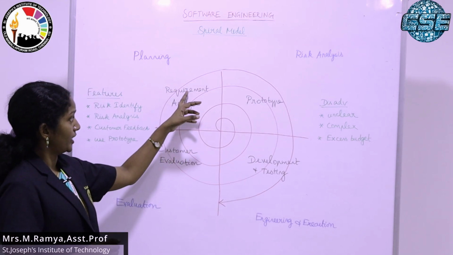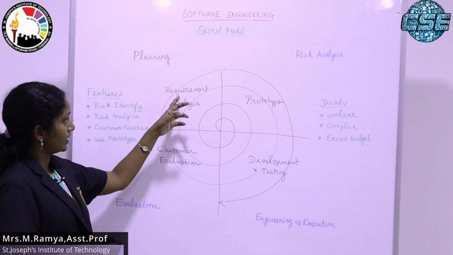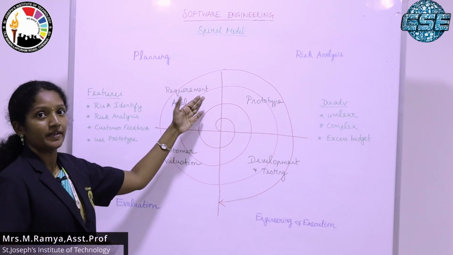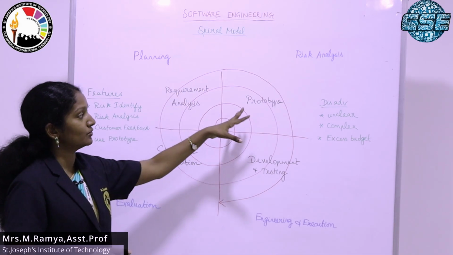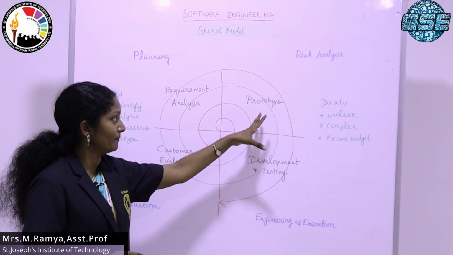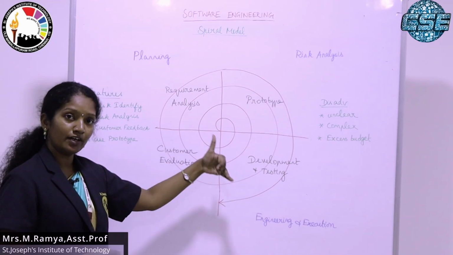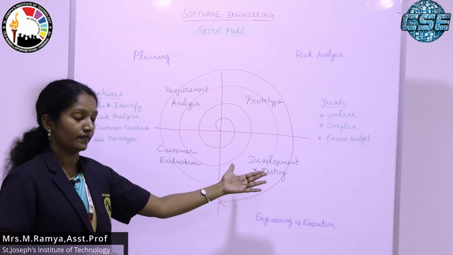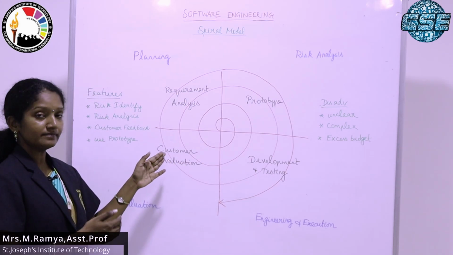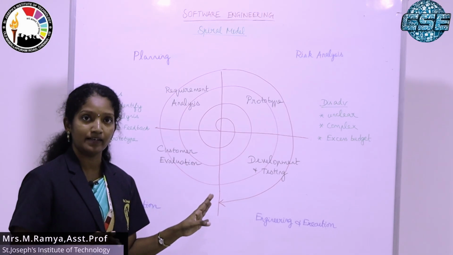So we get the requirement again, with whatever the change in the requirement is, from the customer. After that the analysis is done, and we move on to the next phase, the prototype. Here the prototype is created, and again we do the coding and the testing for the code you have created, and after that the evaluation is given to the customer, to see whether the customer is satisfied with the product.